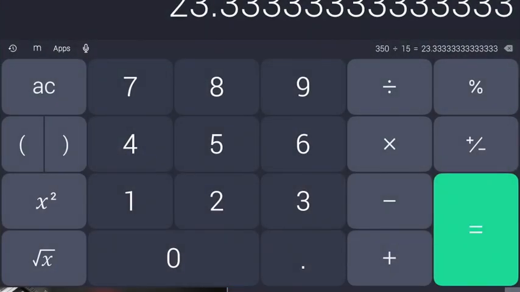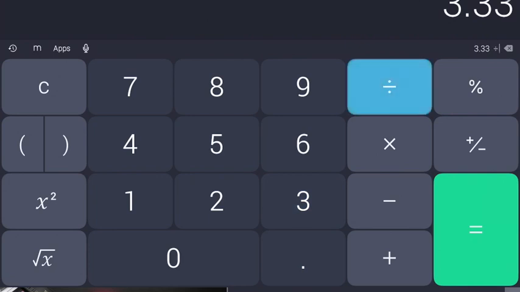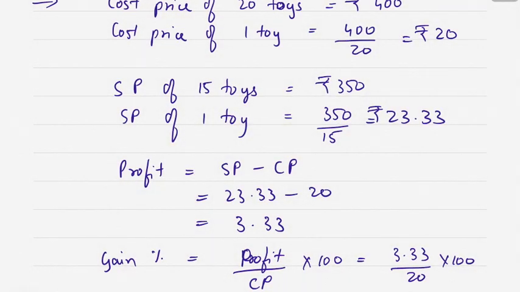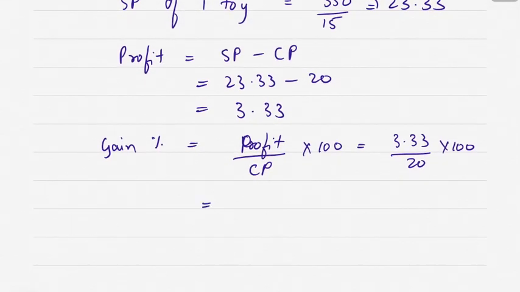So 3.33 divided by 20 into 100 is 16.65%. So this is the answer.